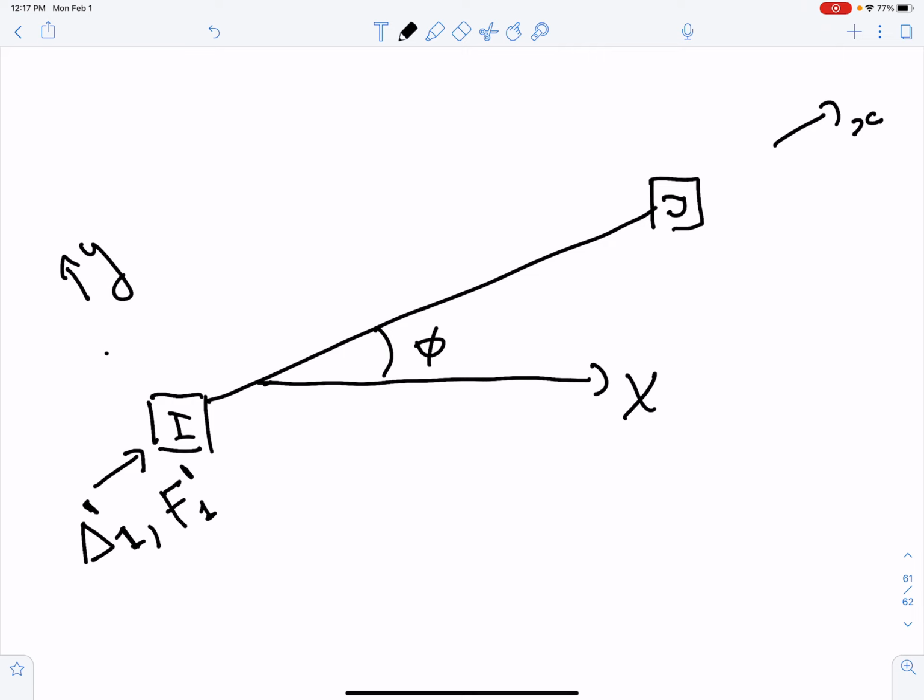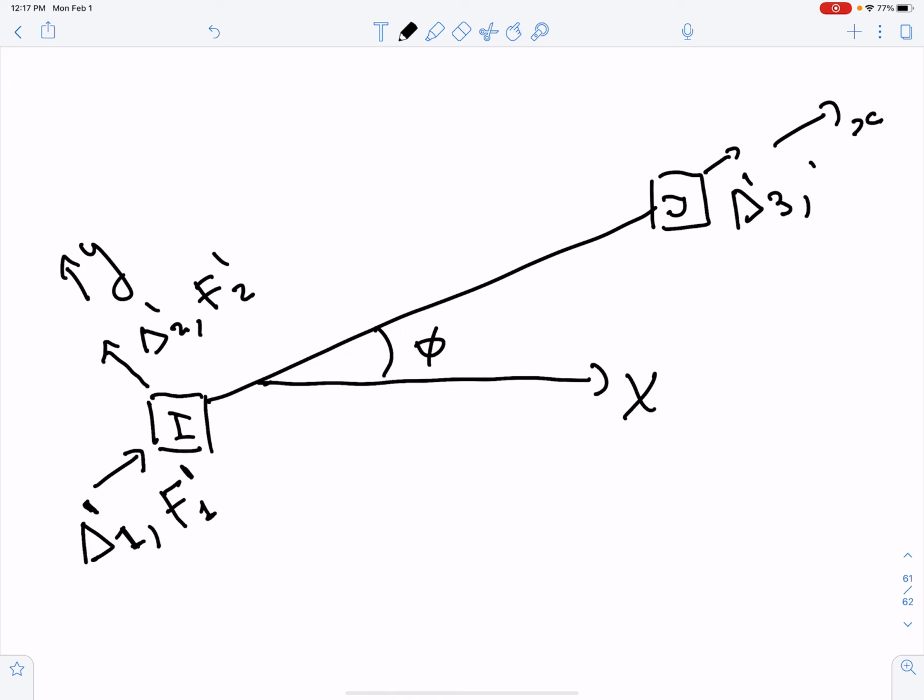Likewise, I can have a displacement along the little y-axis, which I'll call delta prime 2, and the corresponding force F prime 2. Just like in the global case, node j can displace independently, with a displacement delta prime 3 and corresponding force F prime 3, and a local vertical displacement delta prime 4 and corresponding force F prime 4.